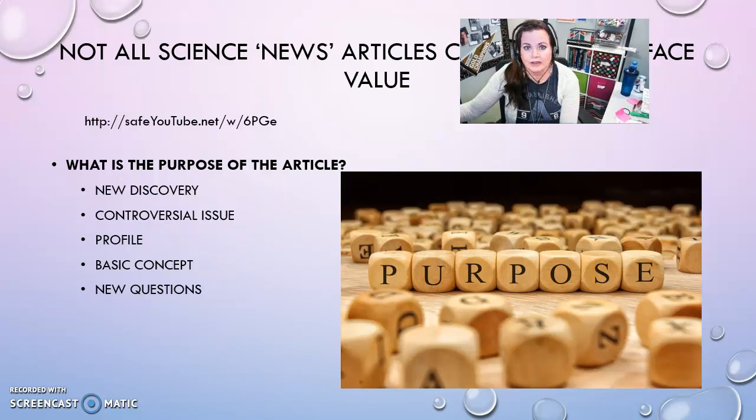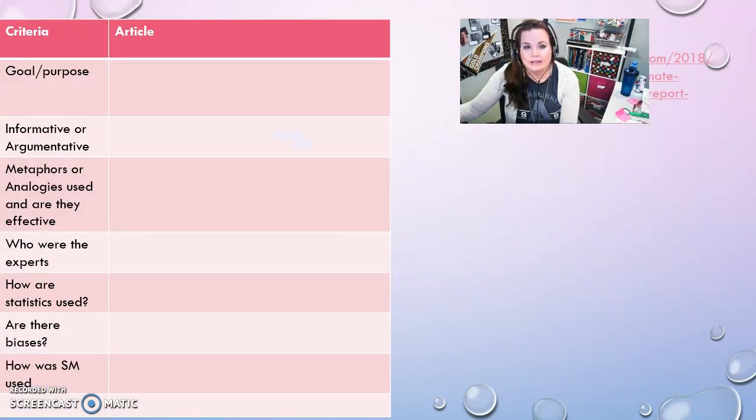The second thing you're going to look at in this list is: is this an informational or argumentative article? And it could be both. It could be presenting both information and taking a stance. If it's truly only informative, it's not going to have a stance either way.